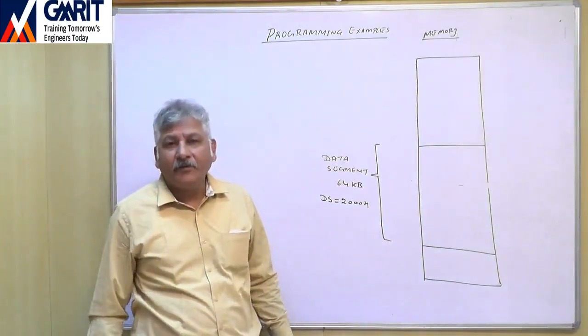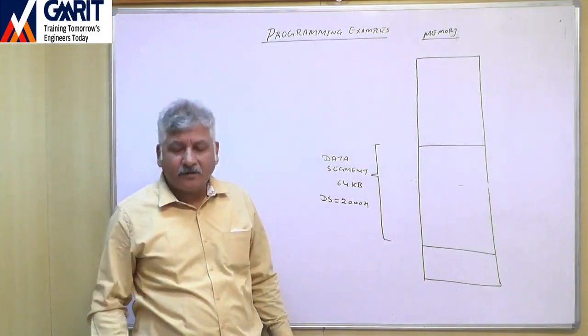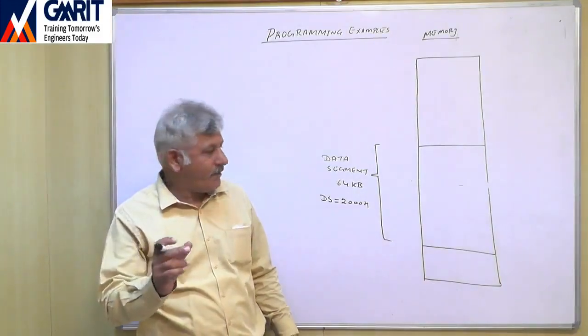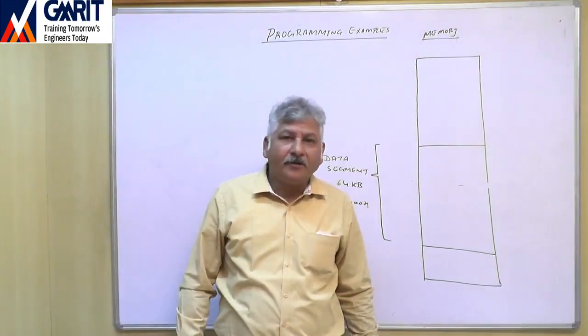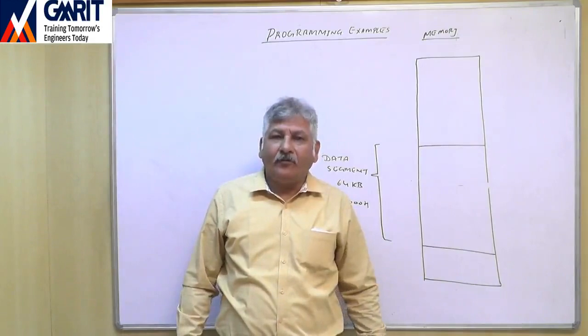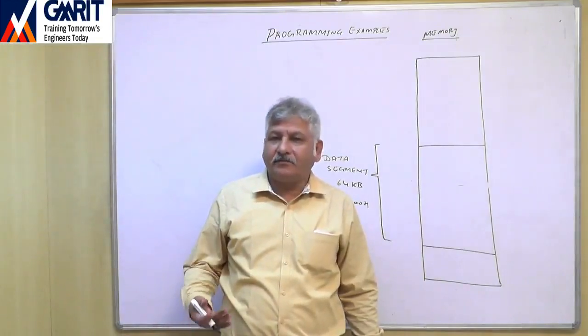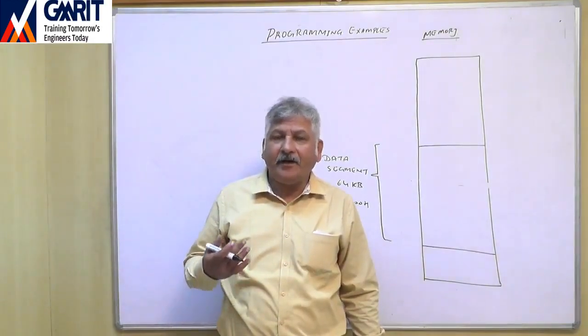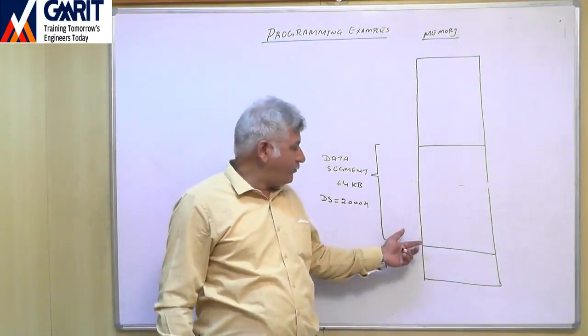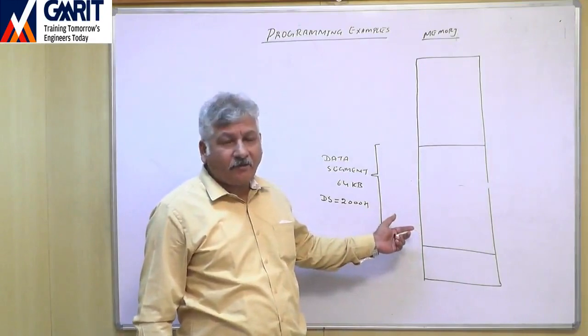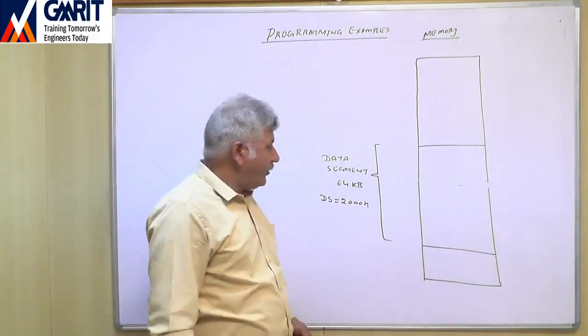We can use the direct addressing mode, in which we give the offset address of our data immediately with the instruction, or we can use register indirect addressing mode, where we can use the registers BX, DI and SI for mentioning the offset address of our data in the data segment.